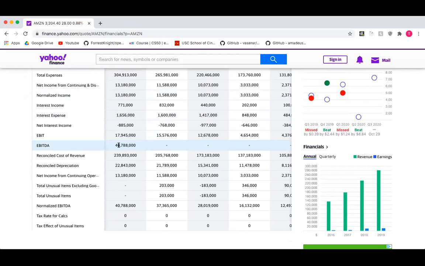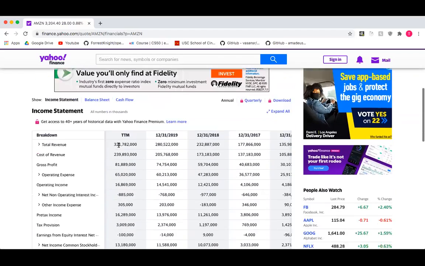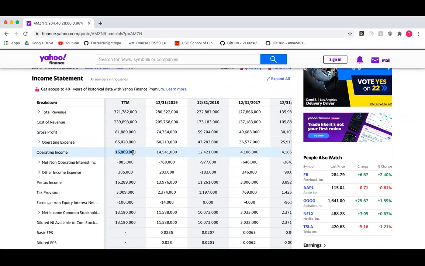And EBITDA stands for earnings before interest, taxes, depreciation, and amortization. So to calculate EBITDA, we would take our operating income, right? Our operating income is right here, and it's before, right in the name EBITDA, before our taxes, and then our interest, which is our other income.